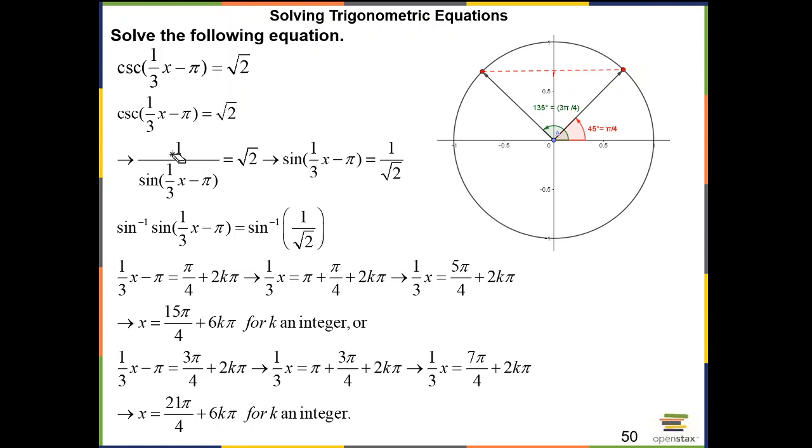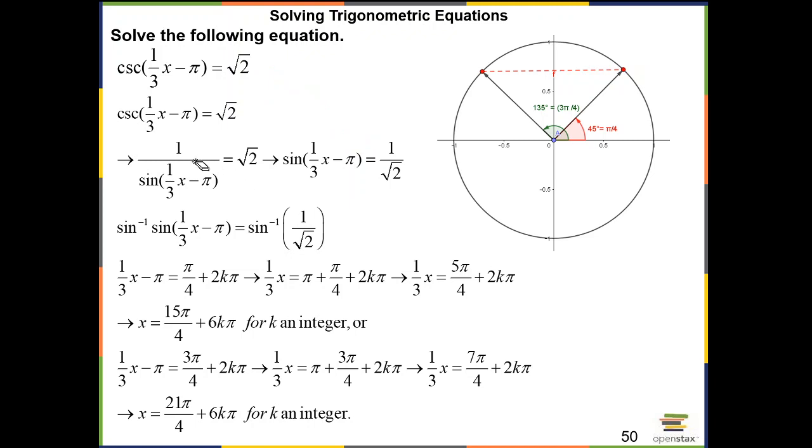But there's an easier way to do it. Instead of writing cosecant as 1 over sine, why don't we just write sine and then take the reciprocal of the right hand side? These two equations are equivalent, because by writing sine, you're actually doing 1 over cosecant, and then we do the same thing to the right hand side.